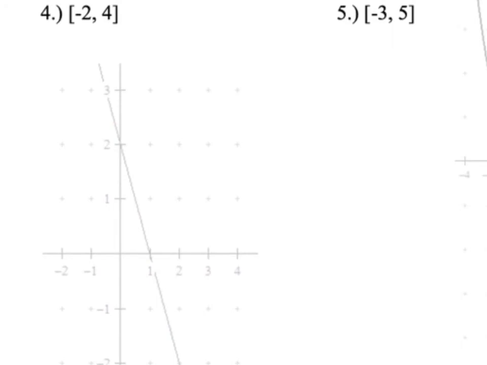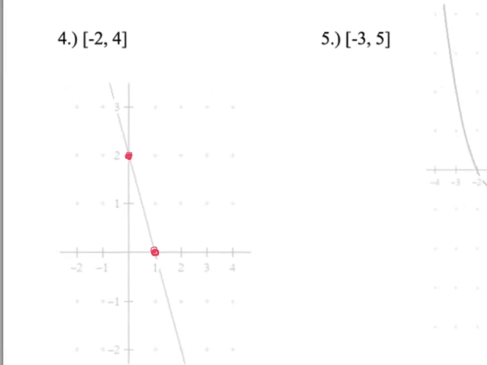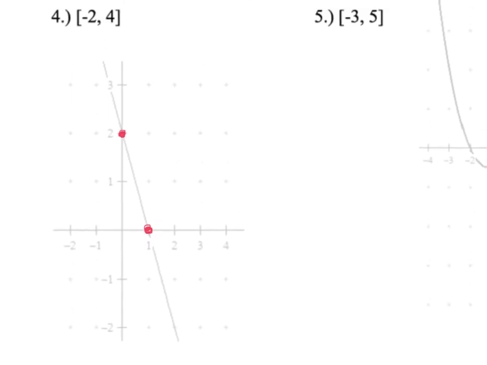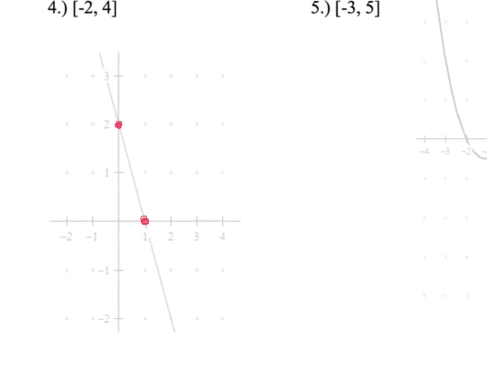In fact, we can calculate this slope because we know points on this line where we go from here to here, we went down 2 over 1. So down 2 over 1 is a constant value of negative 2. So we have a constant slope of negative 2, where this is f prime of x.